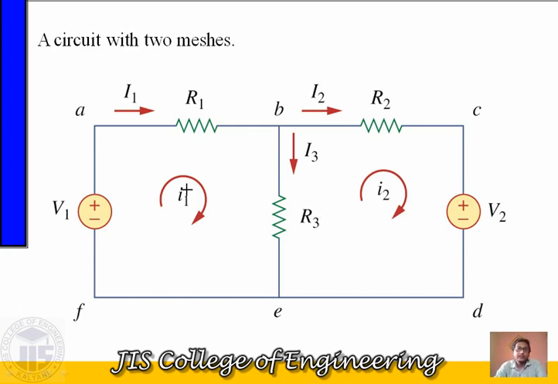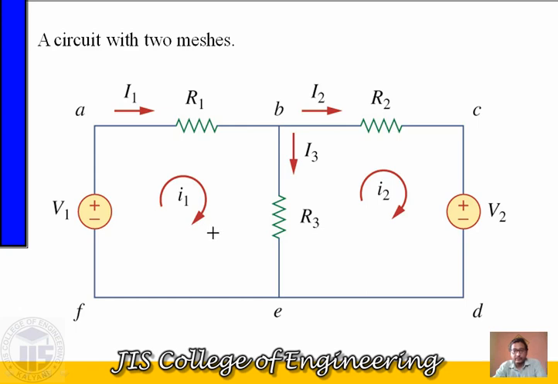Now for these meshes we consider the mesh current. Mesh current means the current moving within this closed path only. You can consider this current in either the clockwise or the anti-clockwise direction, that depends on you.